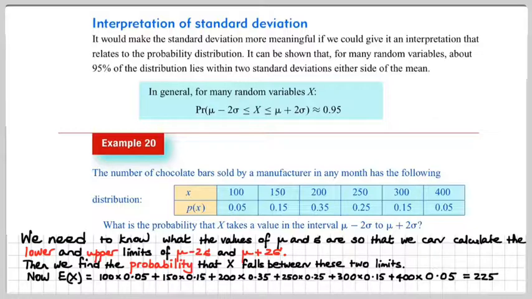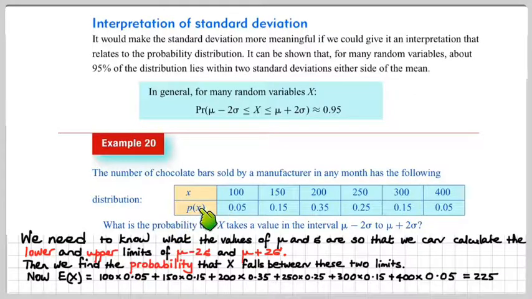Now, in order to work out our variance, do you remember that nice convenient formula for variance? What was it? The expected value of x squared minus the expected value of x, all squared. So we've got to work out firstly the expected value of x squared.